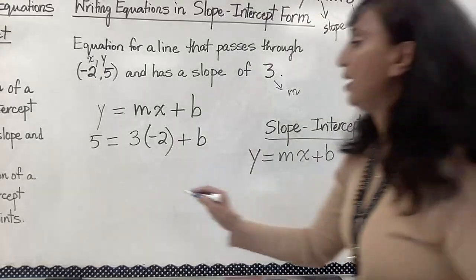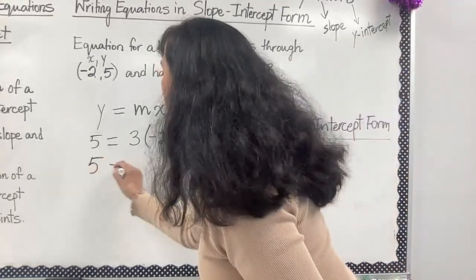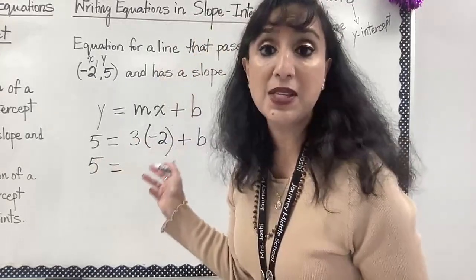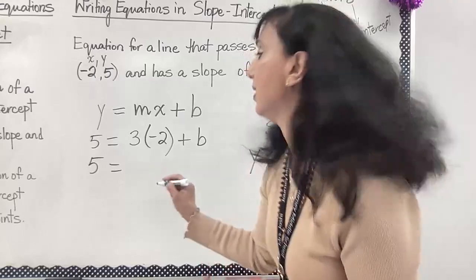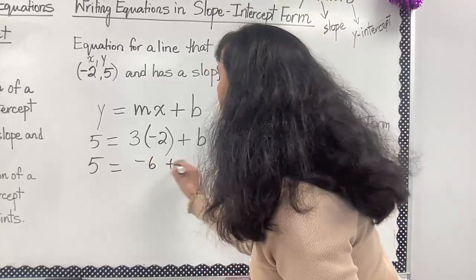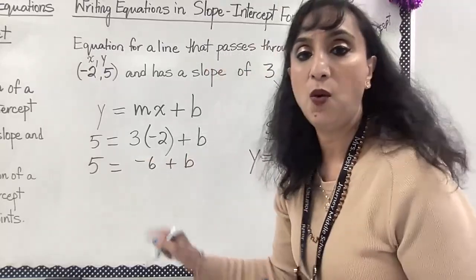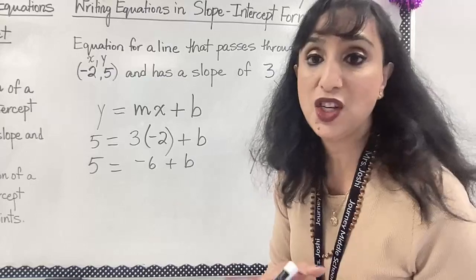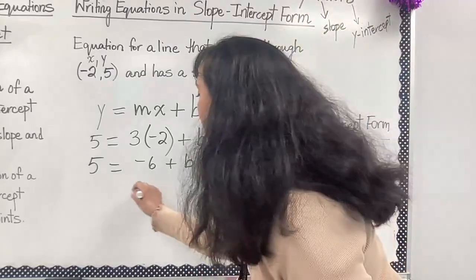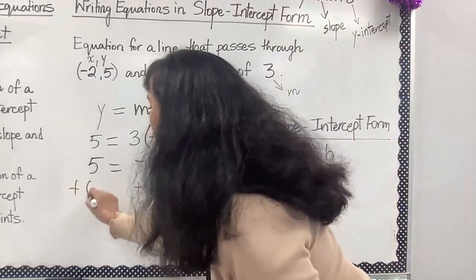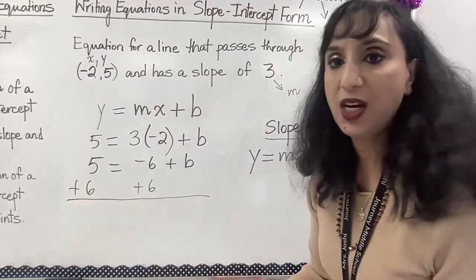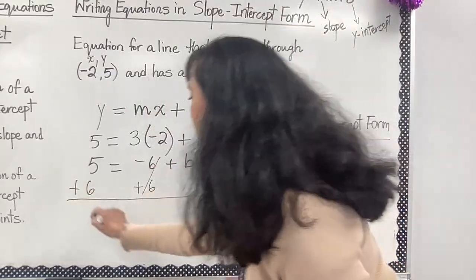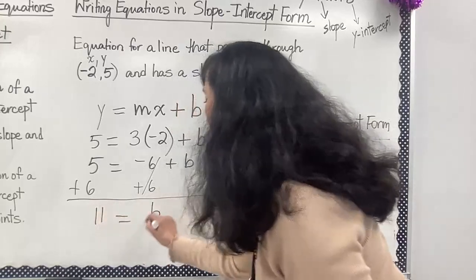Okay, and so then I have 5 is equal to 3 times negative 2 gives me negative 6. So this is negative 6 plus b. What is the inverse of subtraction? It's addition. So we are using the addition property of equality, and I am going to add 6 to both sides of the equation. So I am left with 11 is equal to b.